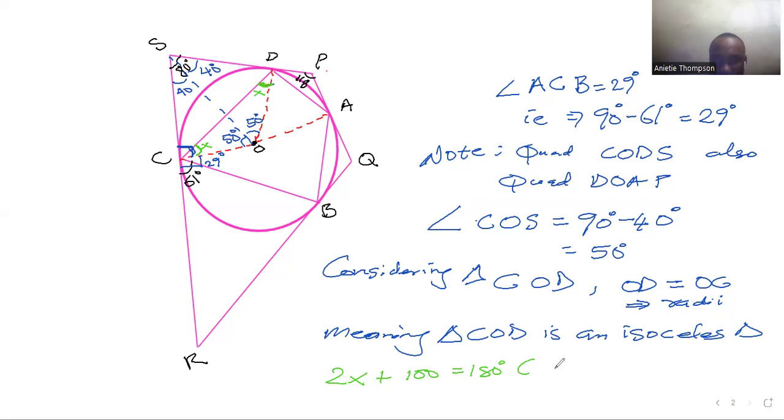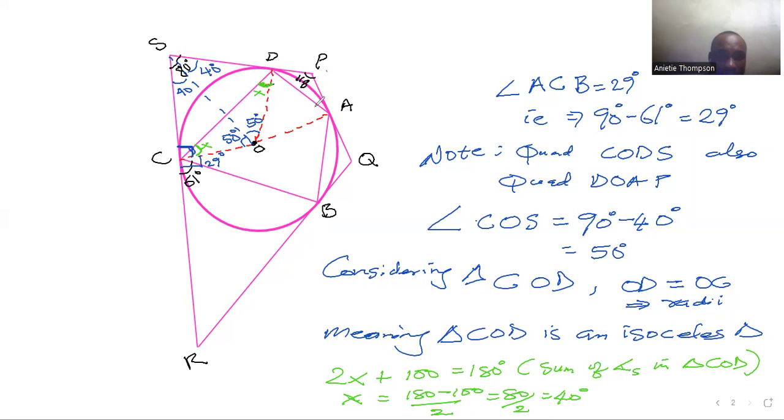The reason is these are the sum of angles in the triangle COD. Meaning X must be equal to (180 minus 100) divided by 2, and that is 80 divided by 2, and that is 40 degrees. Of course, angle X now is 40 degrees.